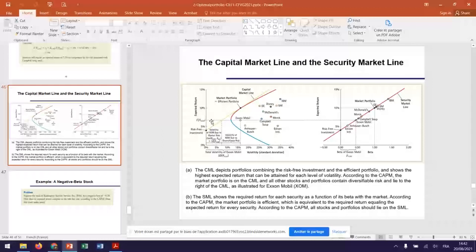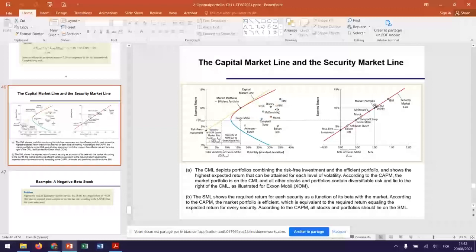And then I transform all the stocks like this. For McDonald's, I cross to the CML line and take the proportion of this to plot as the beta. The more you go to the right, the higher the beta should be.